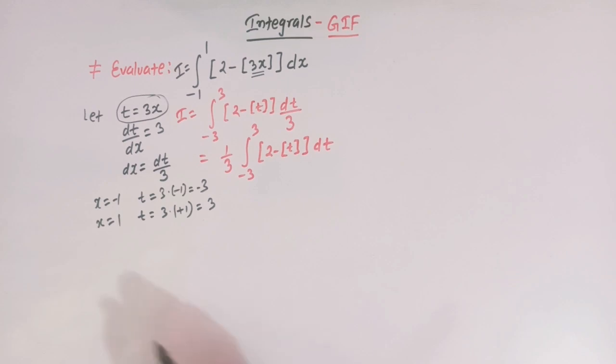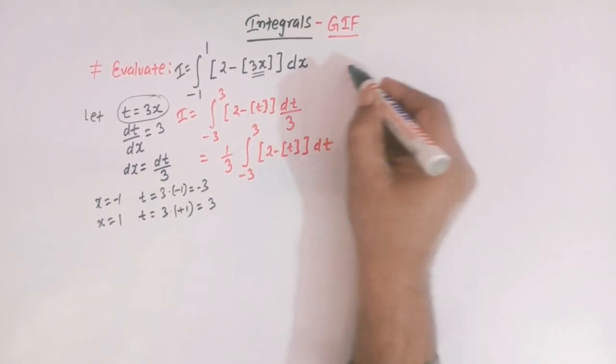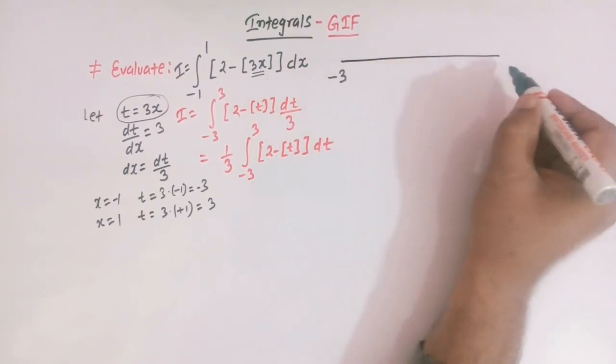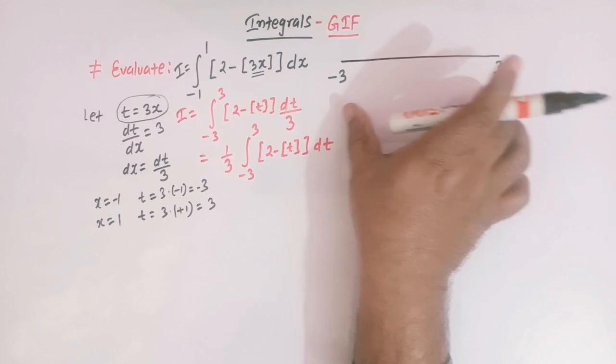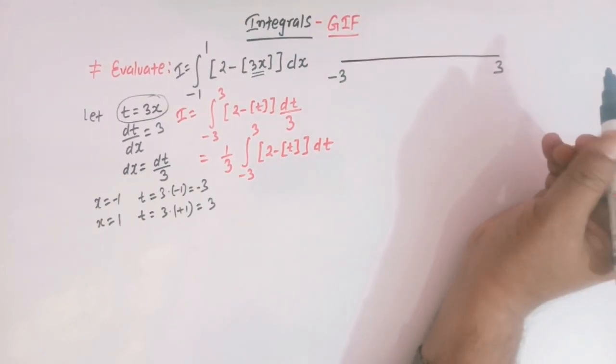Now we see that the value of t varies from -3 to 3, and we have to write all the integers which lie between -3 and 3.